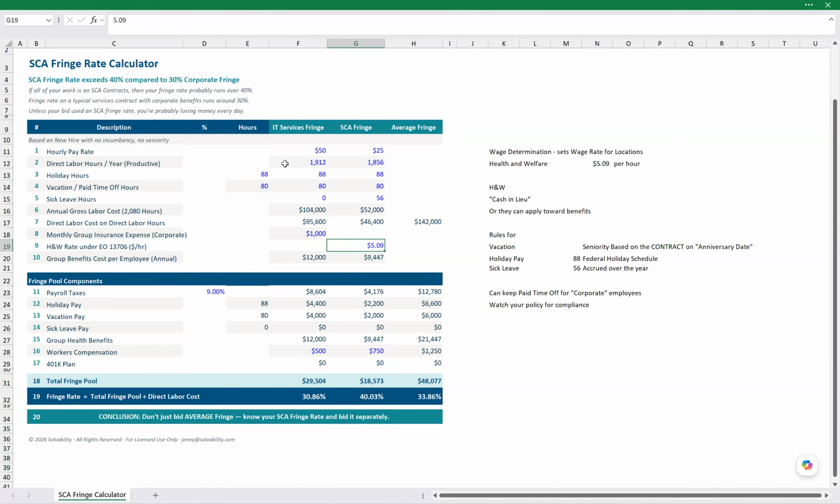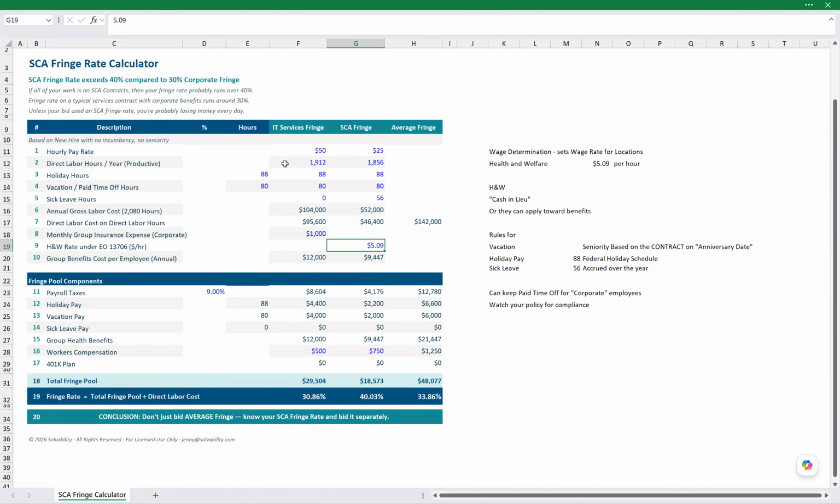Yeah, and you're pointing out something else that's important to the employee. That $5.09, if they work all 40 hours for the week, that's a couple hundred dollars, and that's important to them. Absolutely, particularly if they're receiving any or all of that as cash, but it also goes a lot farther in covering more of the benefit cost.